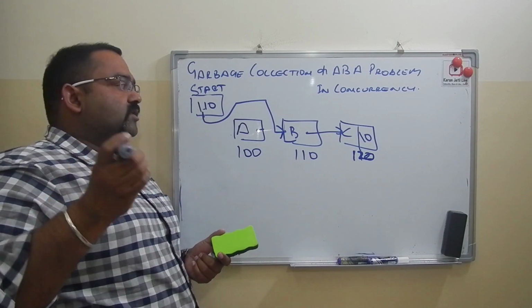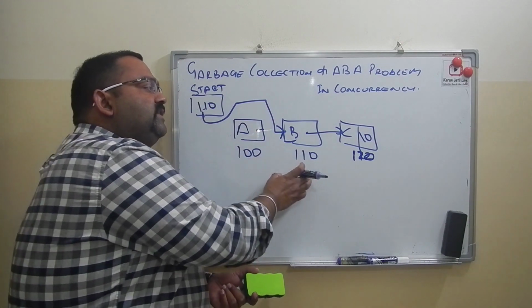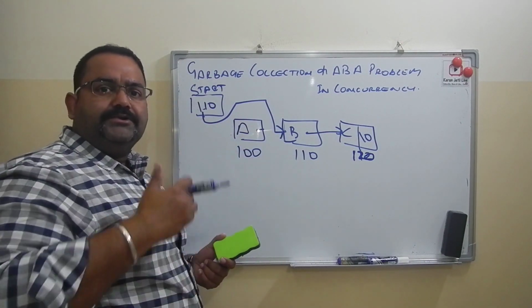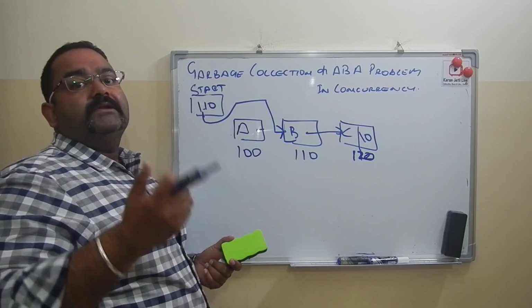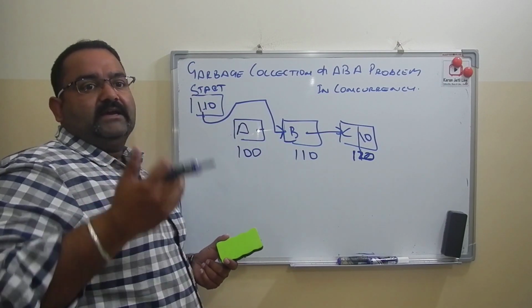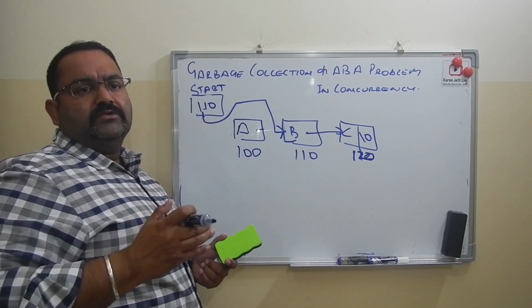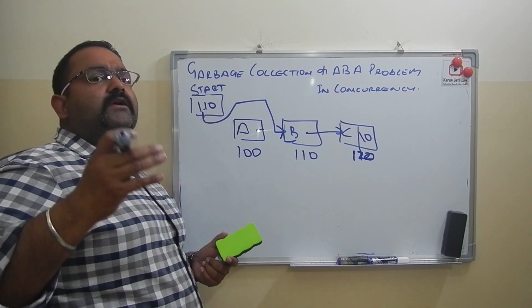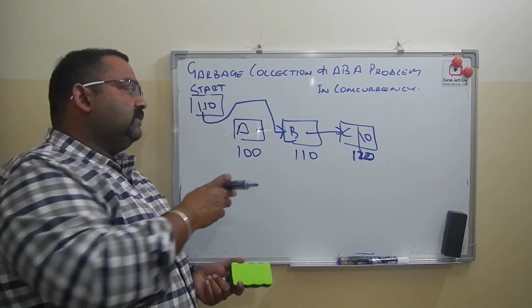What is garbage collection? Garbage collection is the process in which all such deleted nodes are collected together and put in an available list for recycling. What is the available list? It is the list of all the deleted nodes, so that whenever we need a new node, we can pick a node from the available list.